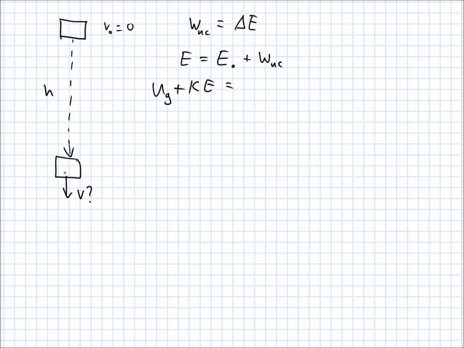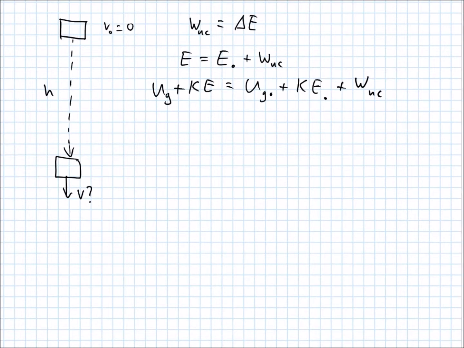Okay, we're rising or falling, so gravity is playing a role. And that will be equal to the initial gravitational potential energy plus the initial kinetic energy plus any work done by non-conservative forces. So non-conservative forces are things like friction, someone pushing, stuff like that, right?